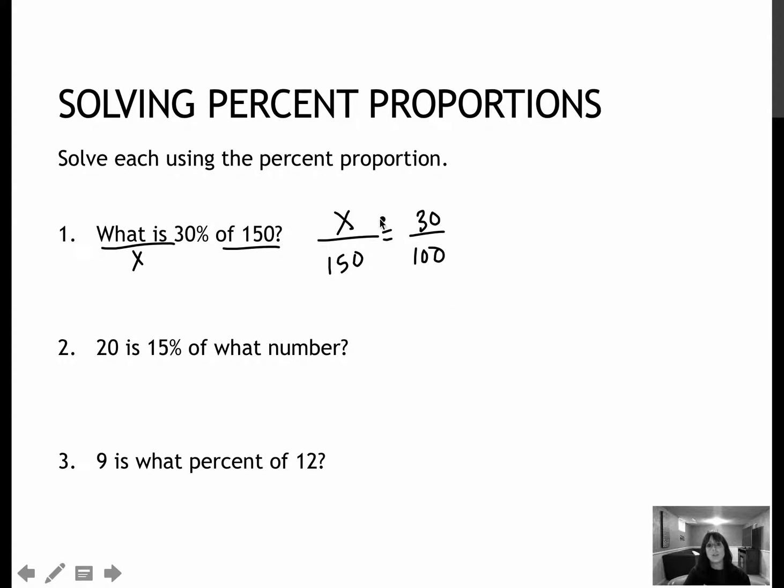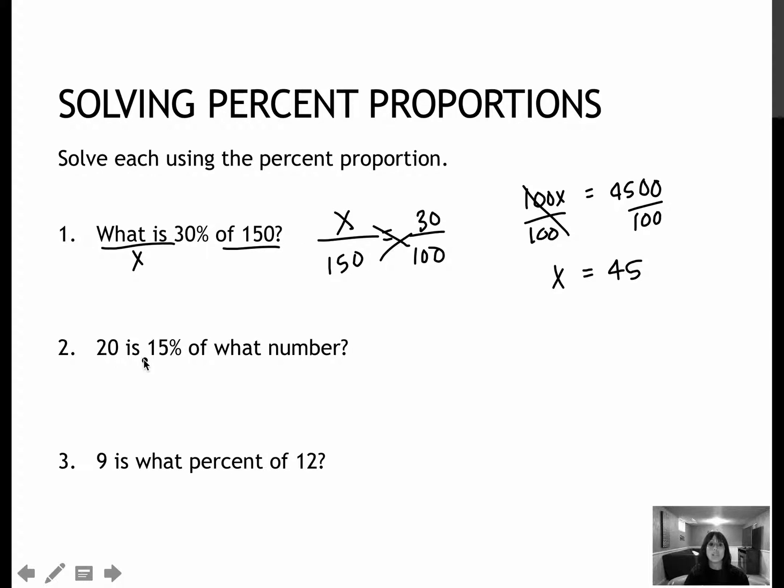To write the equation, I'll cross multiply. 100x equals 4,500. I would divide by 100 on each side. Remember, not 100x, but 100. That gives me x equals 45. Go back to the question, make sure it makes sense. 45 is 30% of 150. Yes, that would make sense.